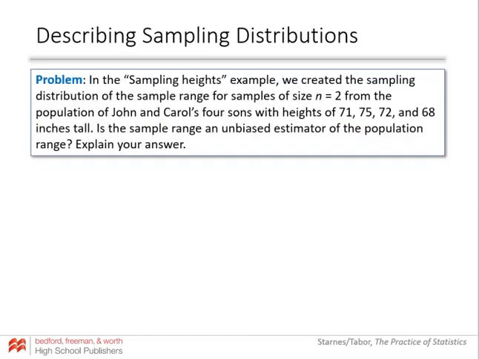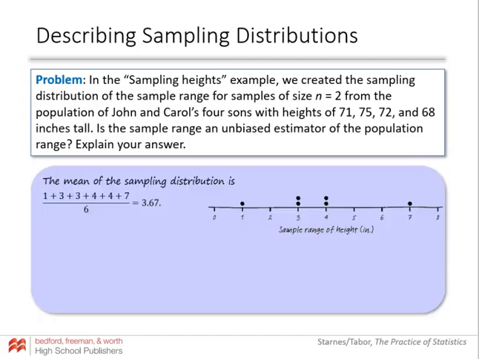So we did the sampling heights example, okay, and we did the range, and we want to know if the range is an unbiased estimator, okay? So here was our sampling distribution. These were all the different ranges that we found. We're going to find the mean of those. So 1 plus 3 plus 3 plus 4 plus 4 plus 7, okay? And so the mean of the sampling distribution is 3.67.